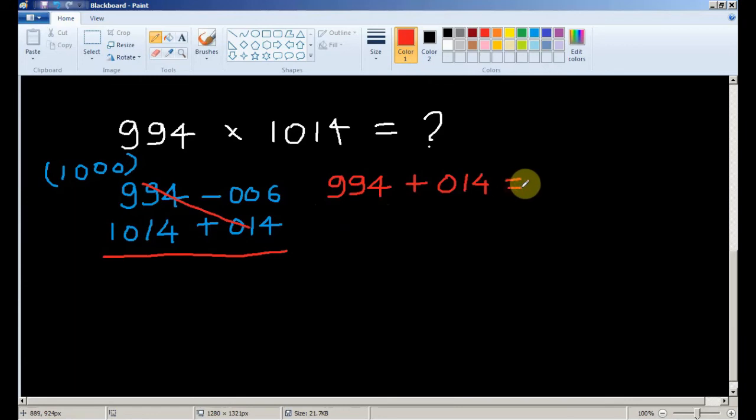Okay, so this will give me how much? This will give me 8, and then 9 plus 1 is 10, 9 plus 0 is 9, plus the carry once again it is going to be 10. So it's going to be 1008.